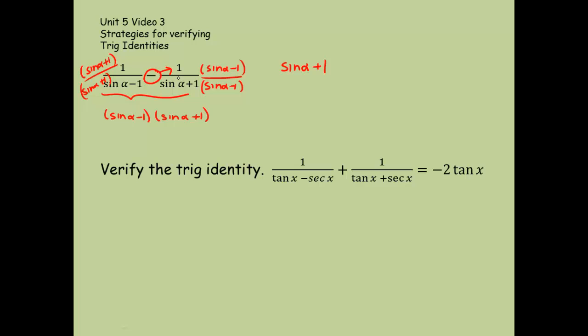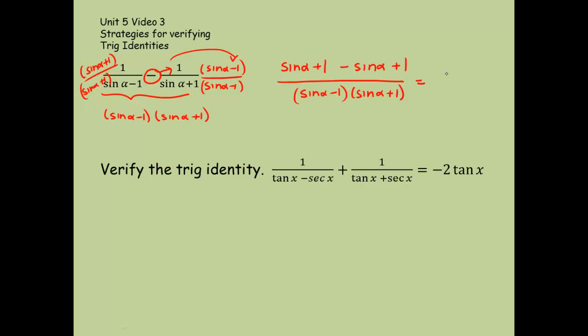However, on the second side of my fraction here, I'm going to have to distribute the negative 1. So be careful when you're doing that because you're actually multiplying by a negative 1, leaving me with negative sine of alpha plus 1. And a negative times a negative will give me this. My common denominator is actually sine of alpha minus 1 times the sine of alpha plus 1.